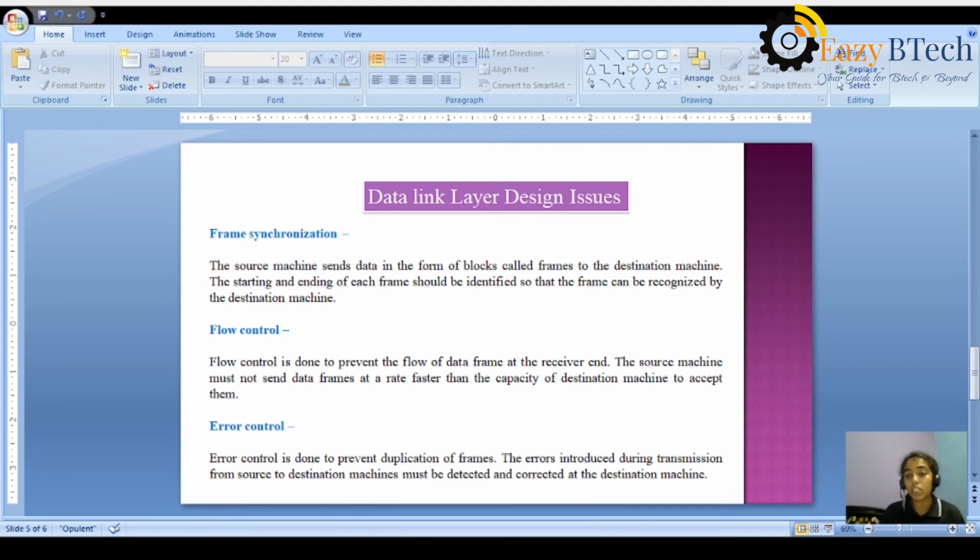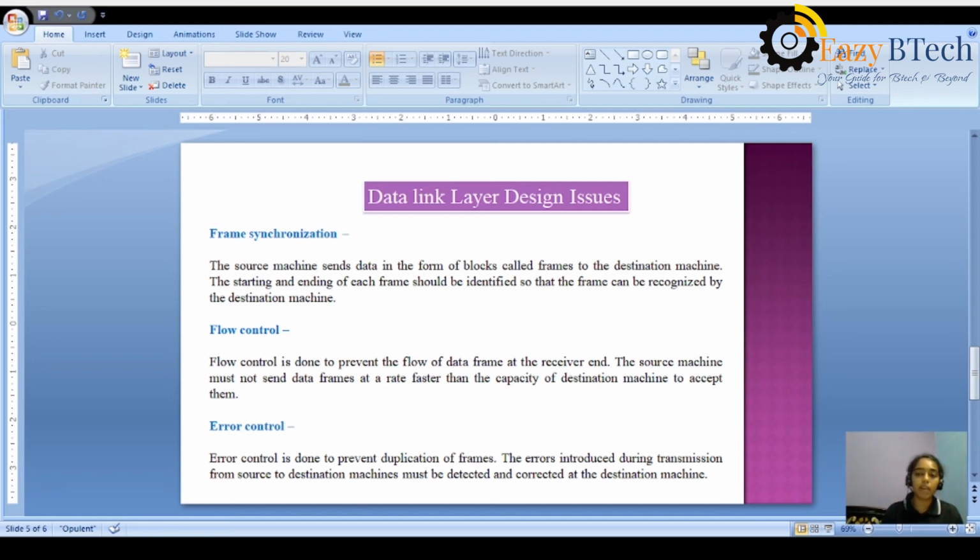In the previous session, I already showed what is meant by a frame, how the frame is divided into a number of blocks, and what the functionality of each part is. See here the first part, the header part, the data part and the trailer part.